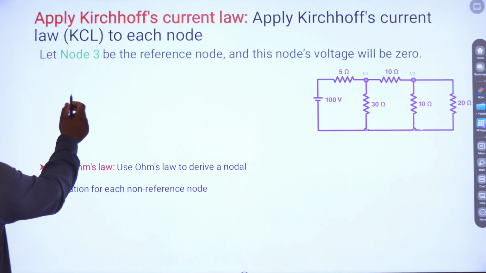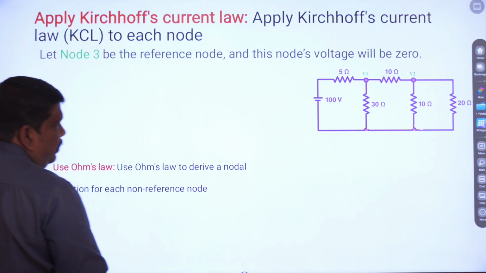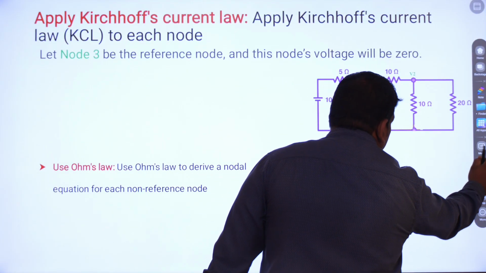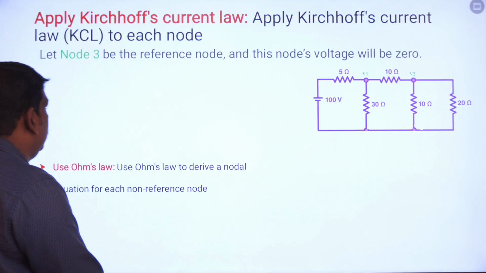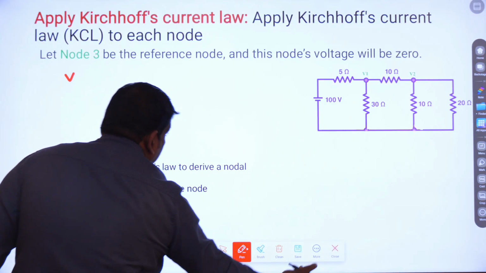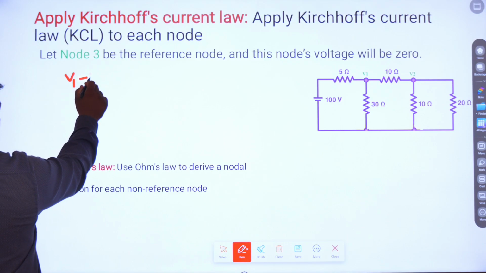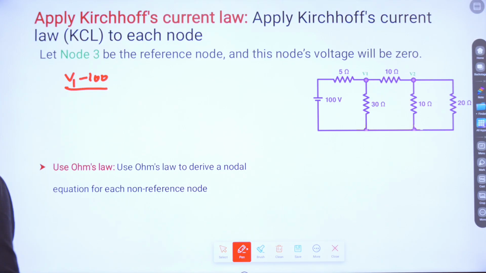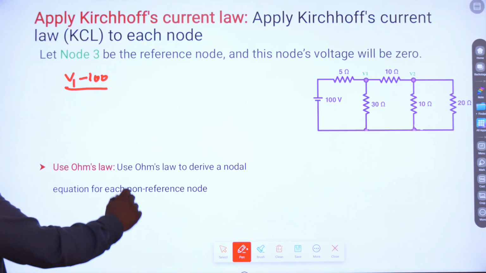We can write the unknown voltage V1 minus 100 divided by... I am applying your Ohm's law equations as well as your Kirchhoff current law equations to form your equations, and we are going to solve your nodal voltages.